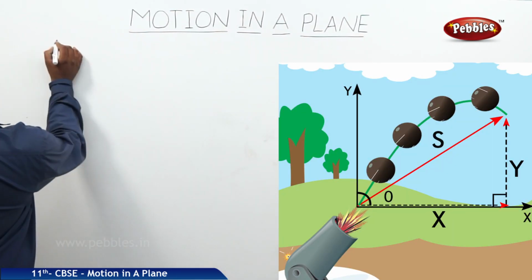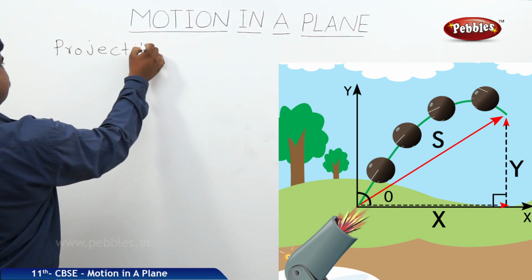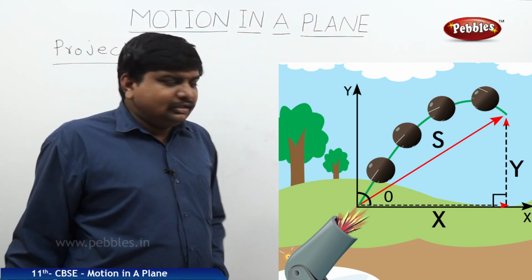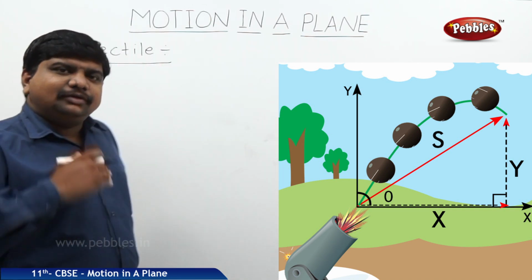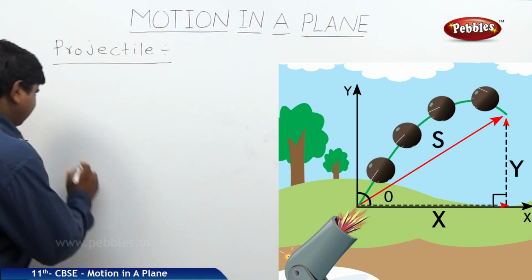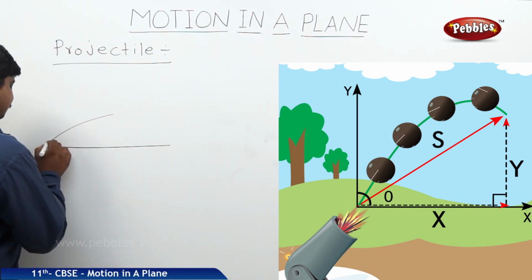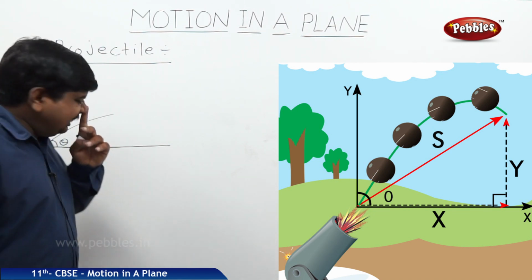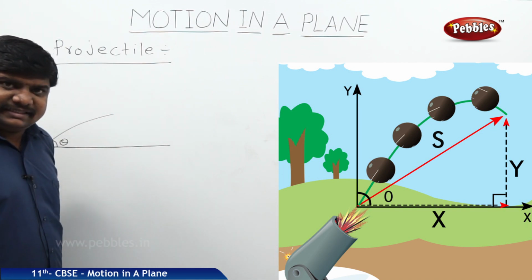The next concept is projectile. This is one of the interesting concepts in this lesson. So what is the meaning of projectile? Let us suppose a body thrown into air by making an angle theta with respect to the horizontal, like this. This is the horizontal surface. That means this body is possessing two different types of physical quantities.